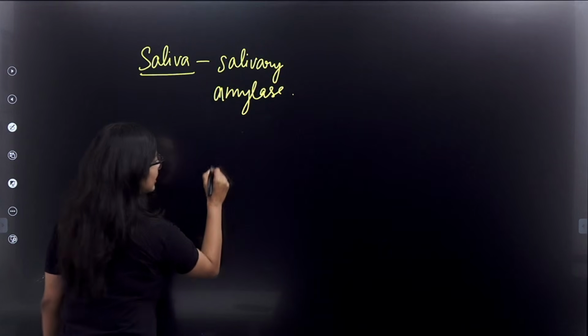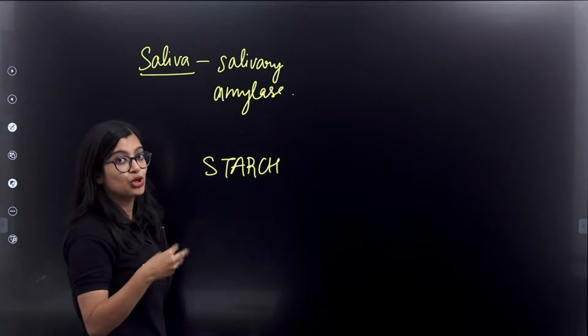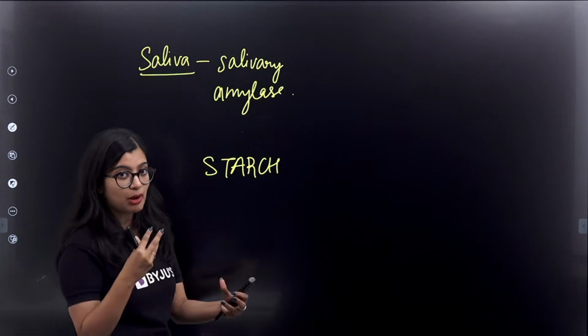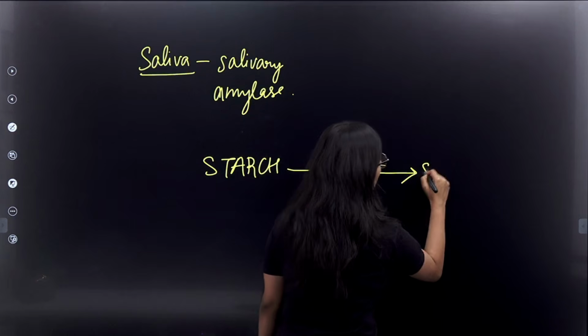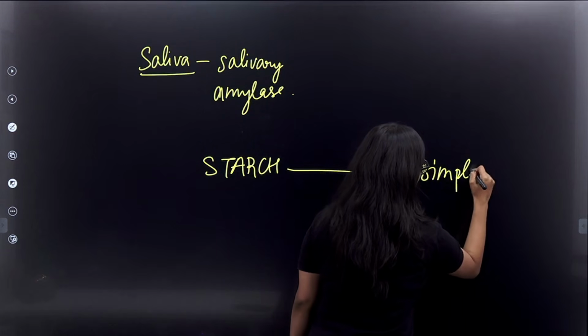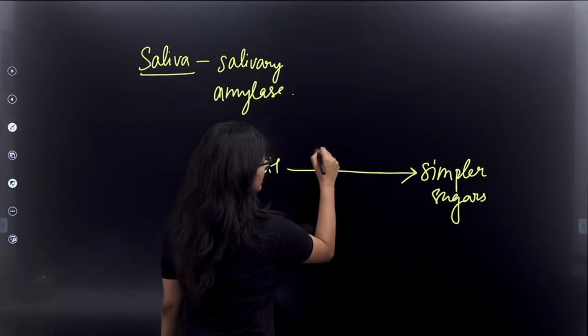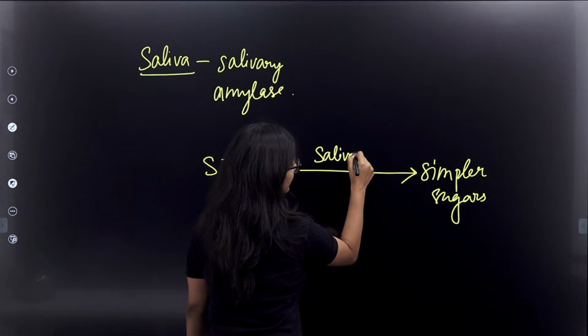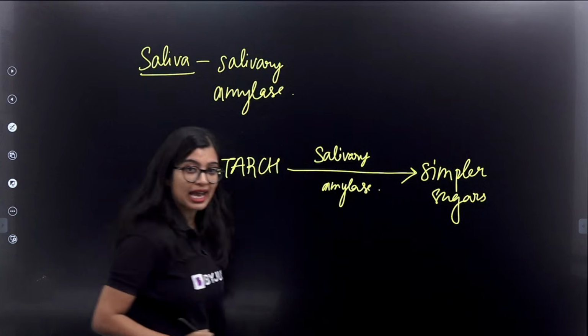When we ingest food, in our mouth itself, starch is broken down into simpler sugars like maltose in the presence of salivary amylase. We are all aware of this particular reaction.